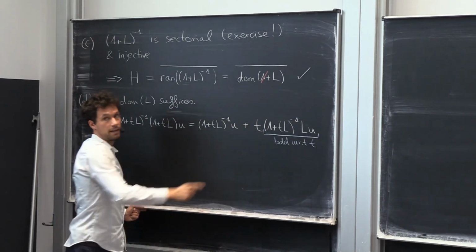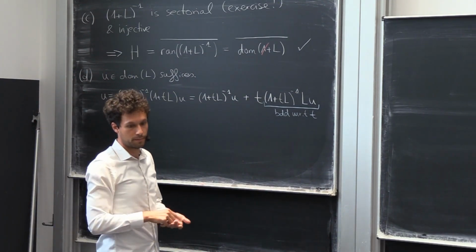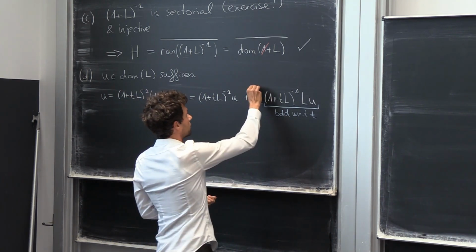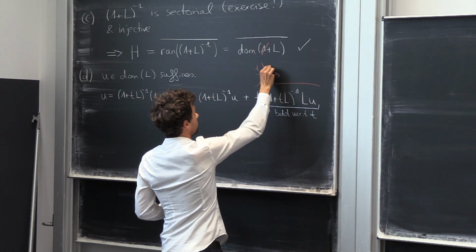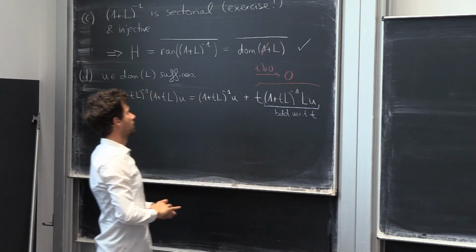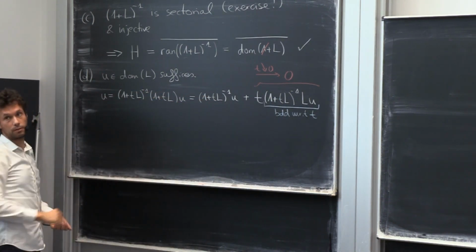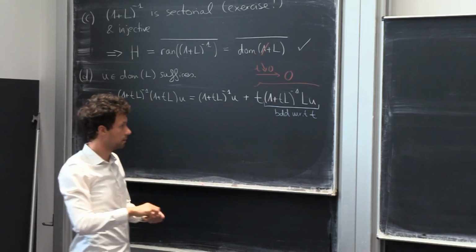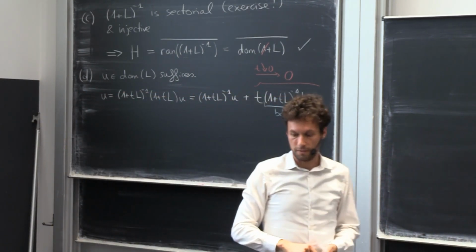But now t is a factor and goes to 0, so the whole thing goes to 0. So as t approaches 0, this goes to 0. And so I proved that this guy has to tend to U, which is exactly what I want. Okay, so proof achieved.